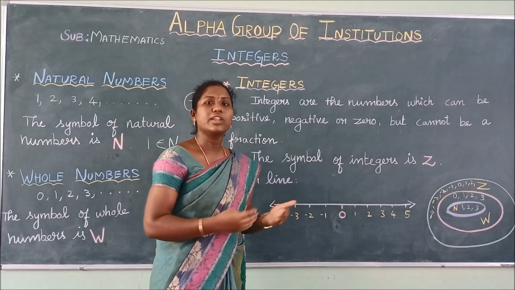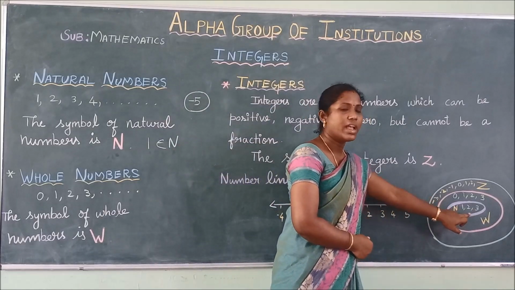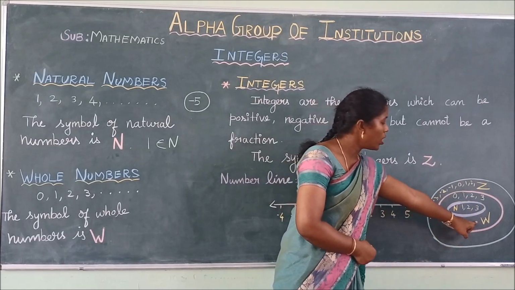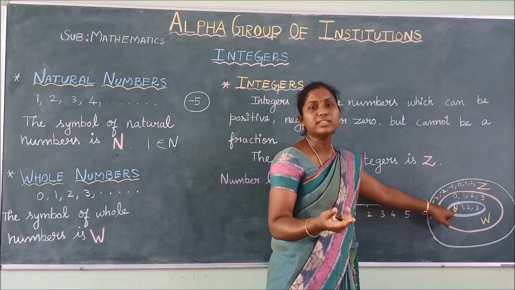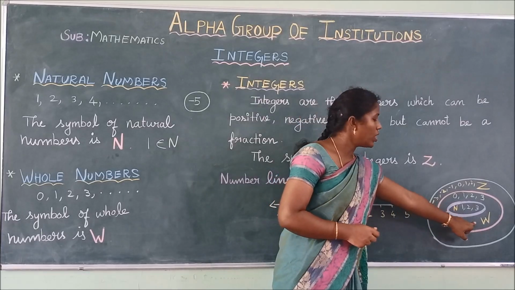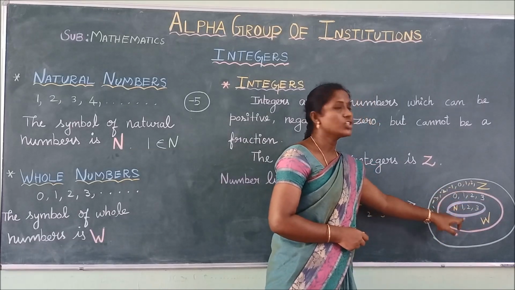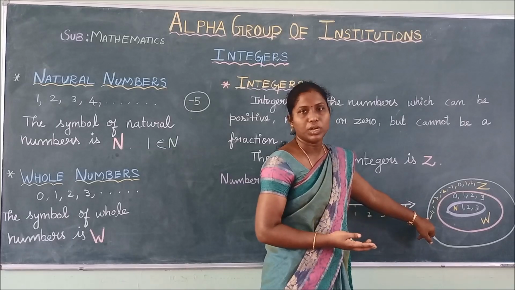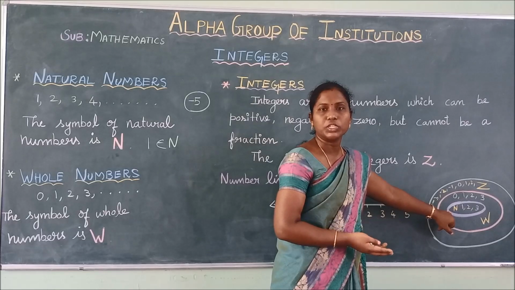How can we relate these three numbers? See, natural numbers are 1, 2, 3. Whole numbers contain 0, 1, 2, 3. So the whole numbers contain the natural numbers, because in simple words, 0 along with all the natural numbers is called the whole numbers. And integers contain both natural numbers and whole numbers, because integers have the set of negative numbers as well as 0 and the positive numbers 1, 2, 3.